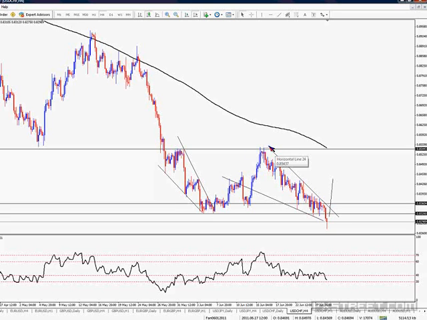Okay, only a break above that should we consider bottoming, right? Then that would give us a double bottom. But until then, this rally is always vulnerable to being faded.